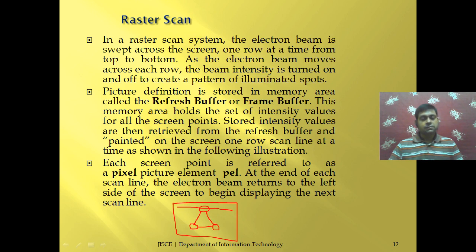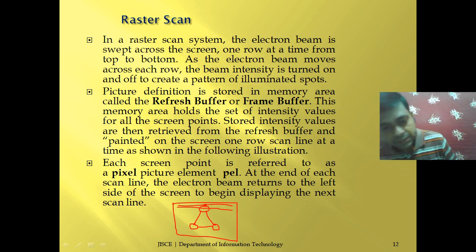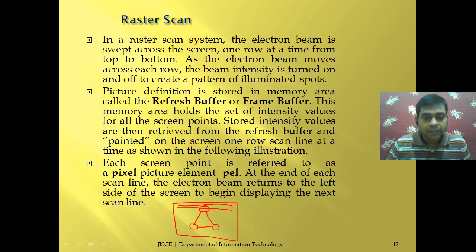Maybe the picture is like this triangle, and every line is scanned horizontally. On the horizontal lines on which the image lies, that particular point is illuminated, meaning the intensity at the point where the image is on the scanning line is high, and where the image is not lying, the intensity is low.